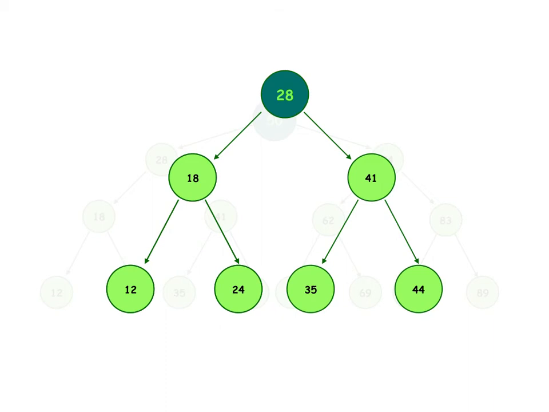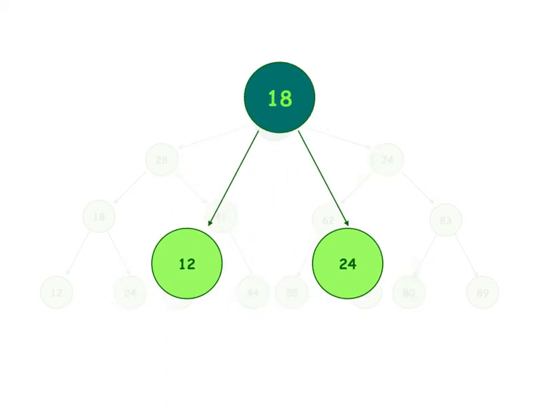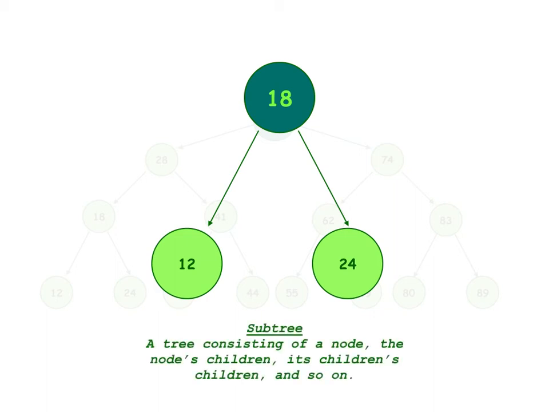And if we look to the left of 28, we can find another mini tree, of which 18 is the root. These mini trees we call subtrees. A subtree is any tree consisting of a node, that node's children, its children's children, and so forth. The root of a subtree does not have to be the root of the entire tree.